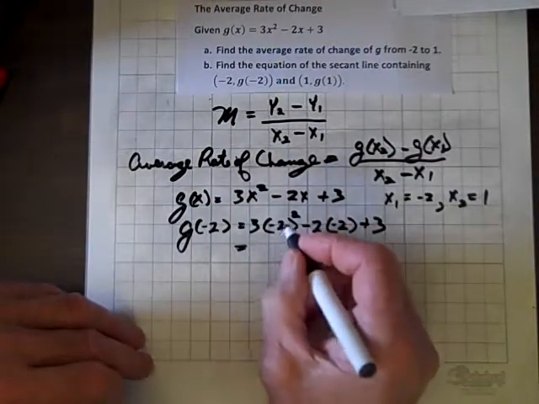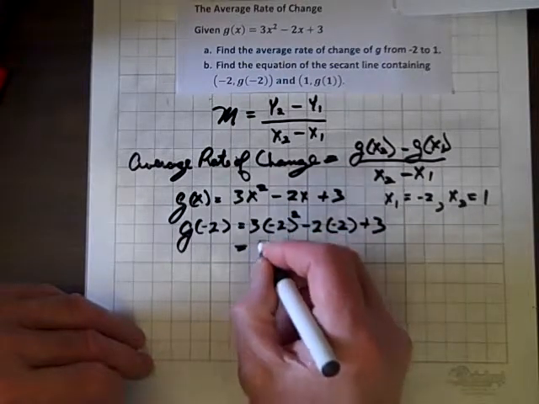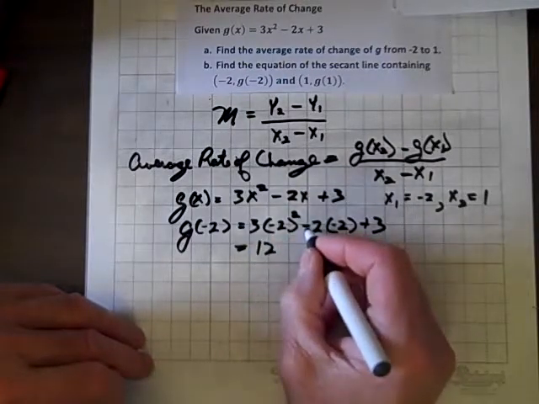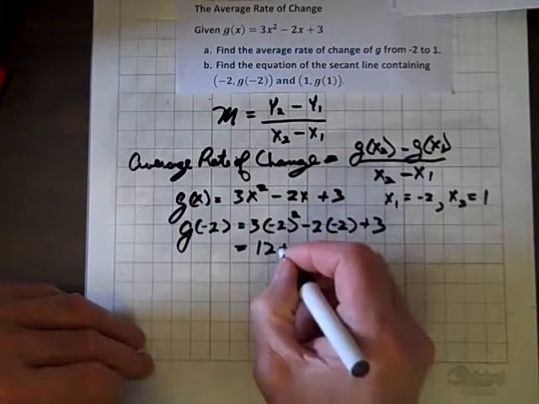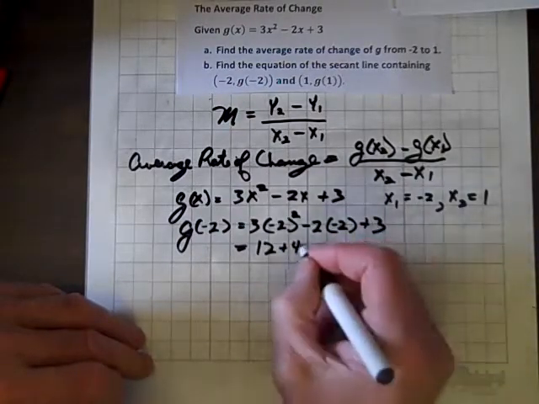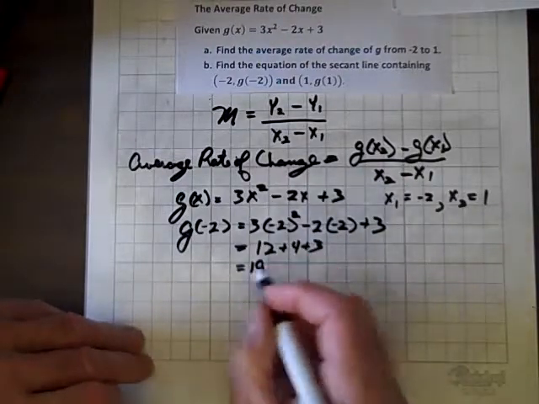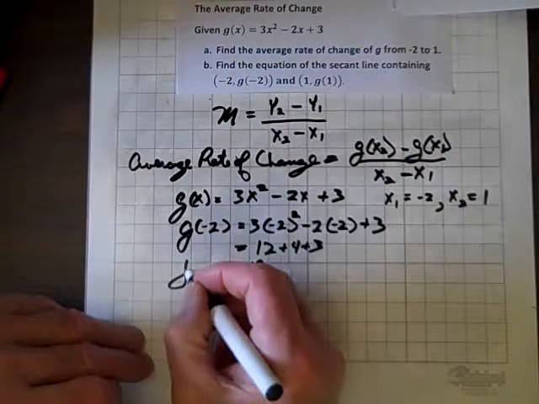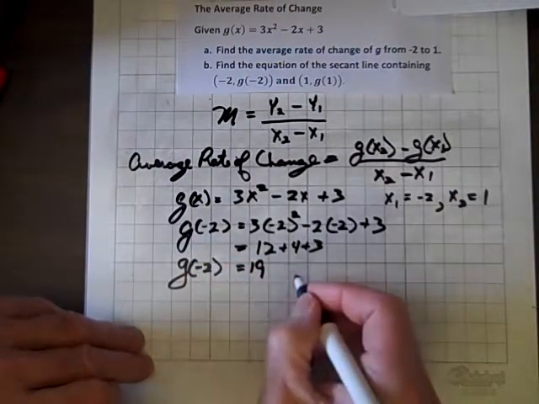So this equals, when we square this, we get 4, and 3 times 4 is 12. Now minus 2 times minus 2 is a plus 4. Plus 3 equals 19. So now we know g of negative 2 equals 19.